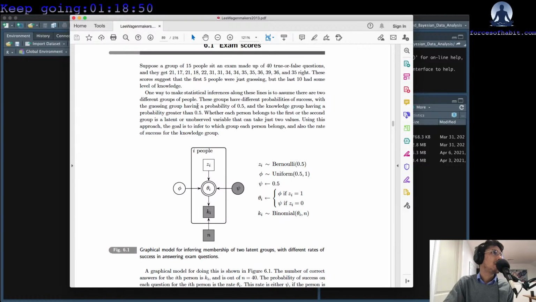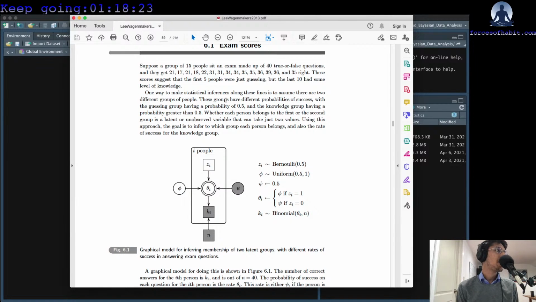And so we want to know if that's the case. Can we identify the guessers and the non-guessers? Are there different rates of success, or probabilities of answering the question correctly, for the guessers and the non-guessers?